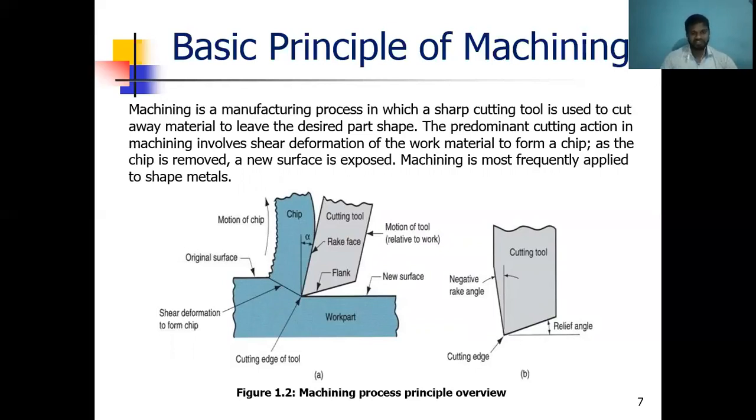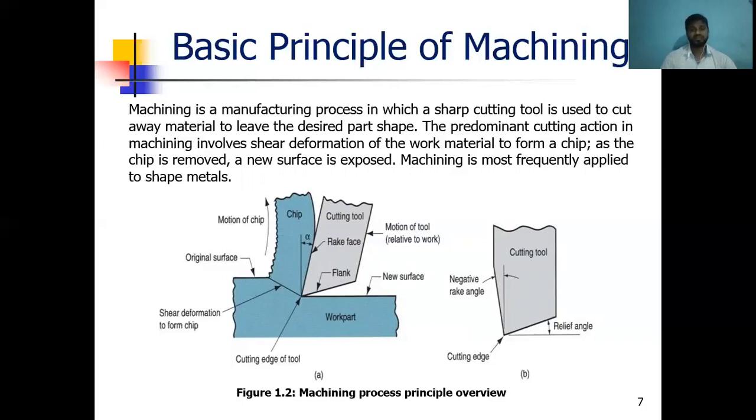Machining is a manufacturing process in which a sharp cutting tool is used to cut away material to leave the desired part and shape. Desired means it is predetermined, so we have to achieve a predetermined value and shape.